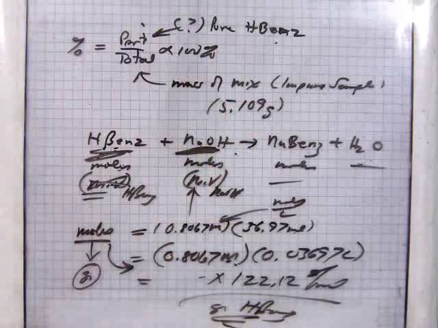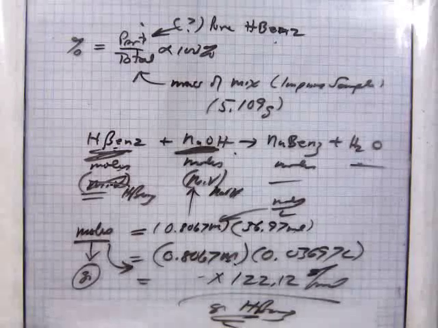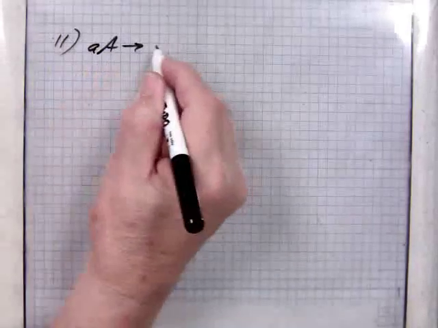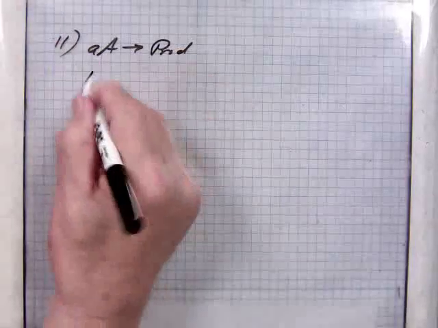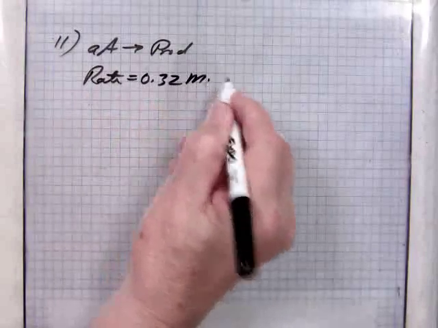Go down here. Number 11 is a math problem. It's just an algebra manipulation problem. Okay, number 11 confused some people. For a certain first order reaction with the general form A goes to products, the rate of that reaction is 0.32 molar seconds to the minus 1.